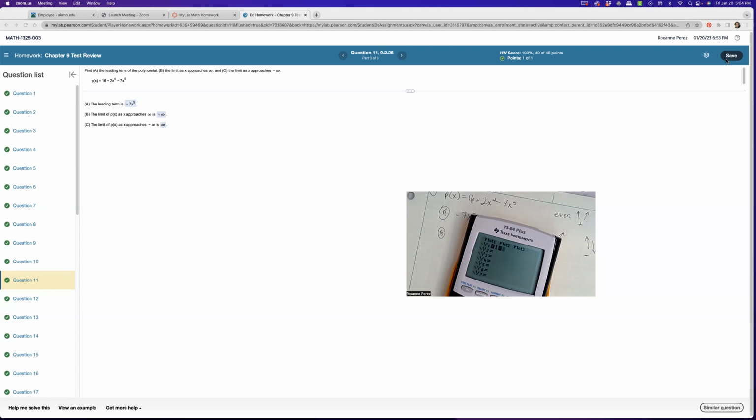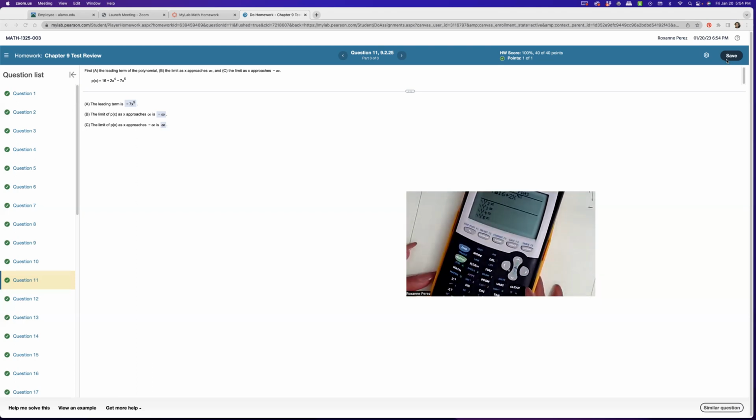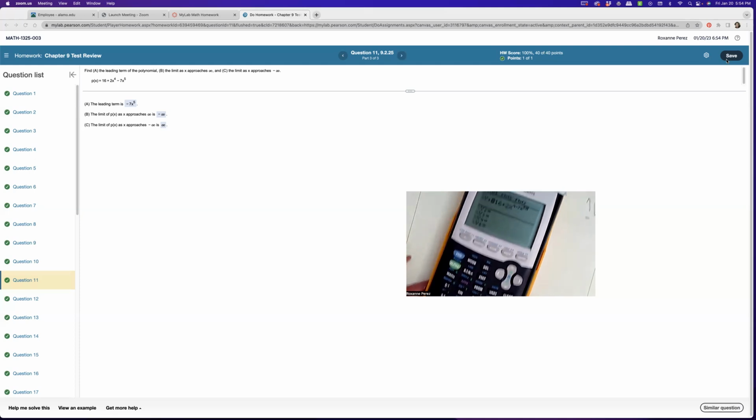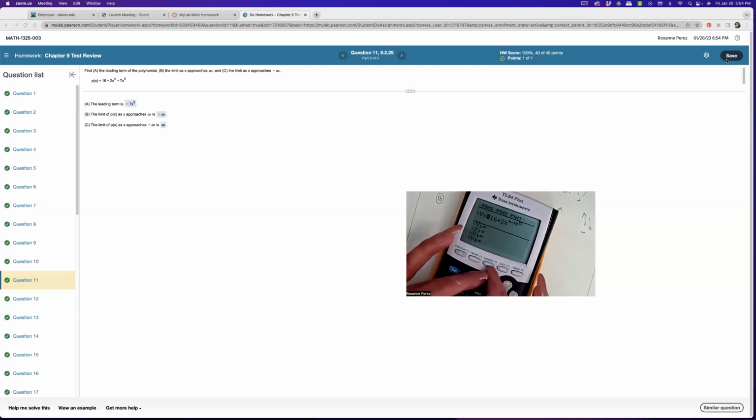Okay, so 16 plus 2x raised to the fourth power plus, oh no, minus 7x raised to the fifth power. I need to type that all over again. Everything stayed as an exponent.